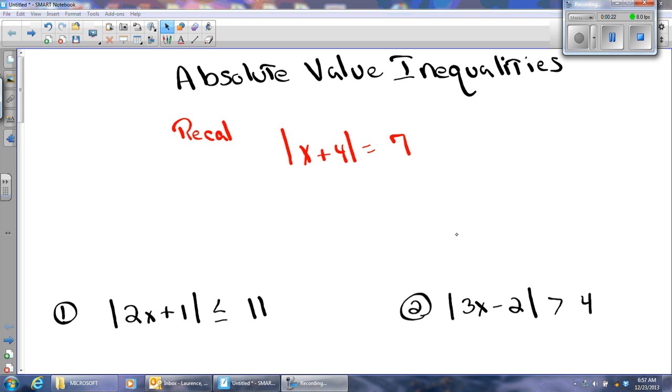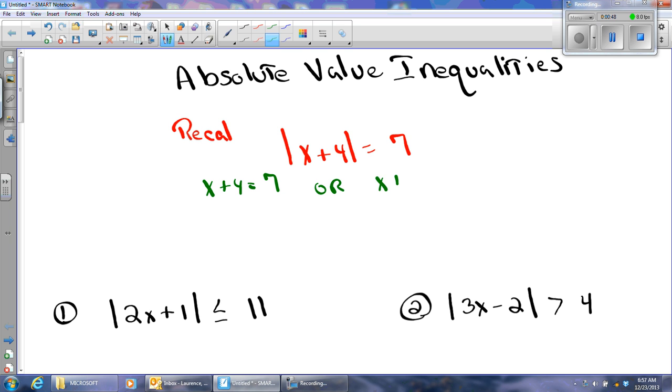Anyway, okay, let's recall first that when we're finding the absolute value, we're finding the distance from some point on a number line. Typically, the definition is the distance from 0 on a number line. That usually leads us to find that there are two solutions, right? So we do x plus 4 equal to 7, or x plus 4 is equal to negative 7.